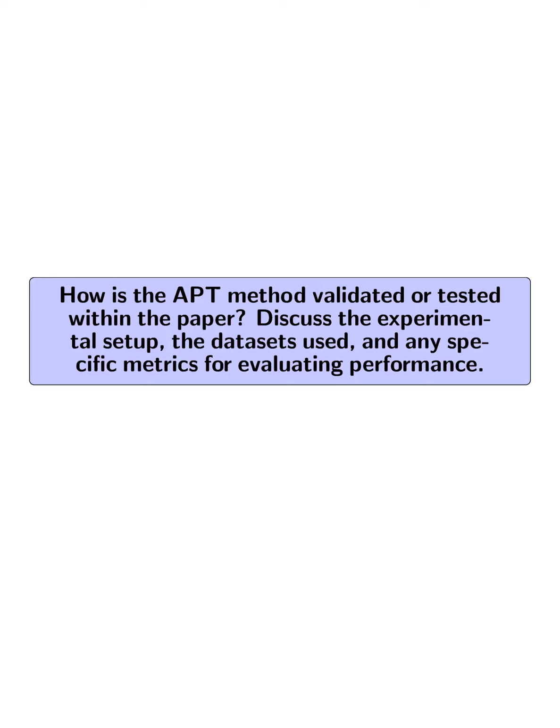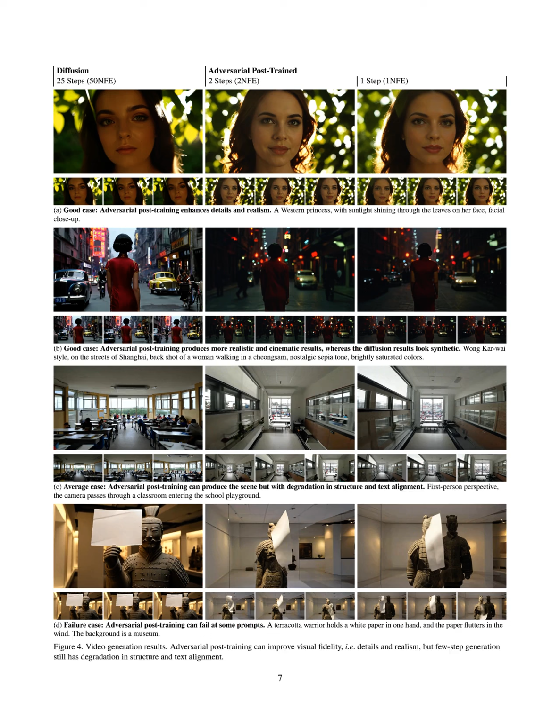How was the APT method validated or tested within the paper? Discuss the experimental setup, the datasets used, and any specific metrics for evaluating performance. The APT method is validated through a series of experiments that compare its performance against existing one-step image and video generation methods.